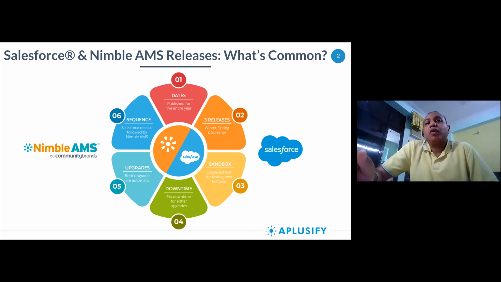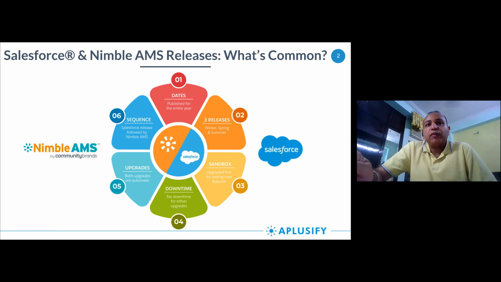All of this should be taken care of, because if you don't know these facts, you will be in trouble. You should know when the upgrades are happening. It's always good to test those features in sandbox before they roll into production, because the production upgrade is not in your hands. It will get an automatic upgrade. So we should remember these features.